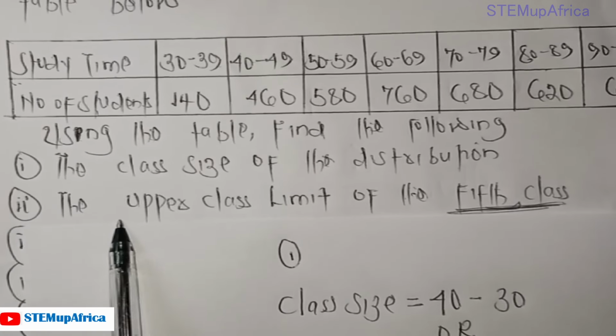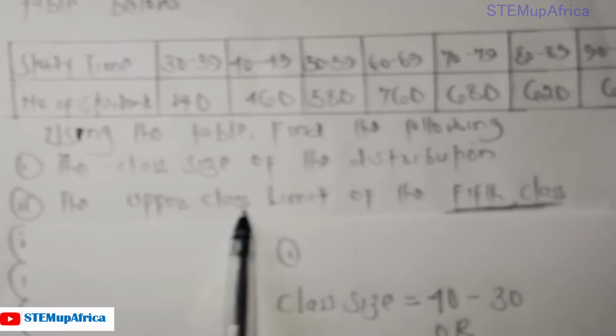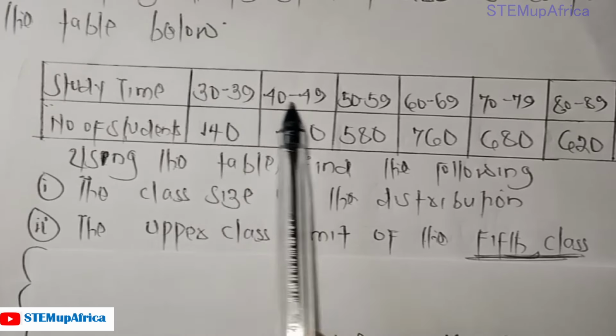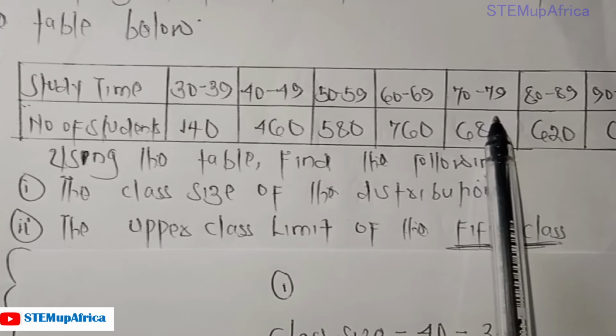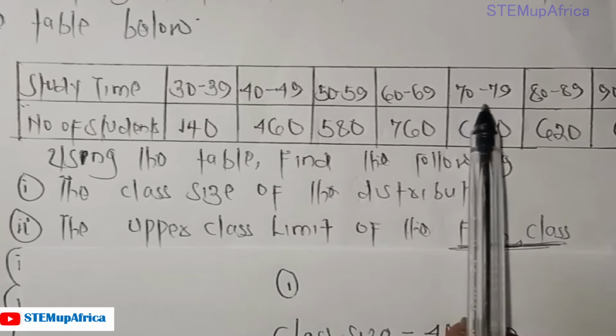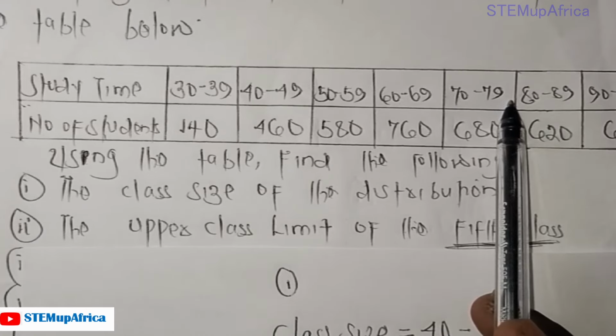Roman figure 2, we should find the upper class limit of the 5th class. So what is the 5th class? Let's count. 1, 2, 3, 4, 5. So this is the 5th class. This is the lower class, while this is the upper class.